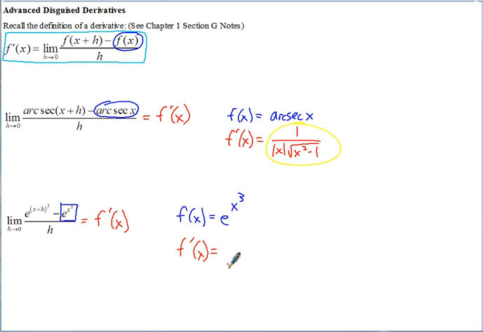This time, though, since we have a function inside here, we'll have to use the chain rule. So multiply by the derivative of x cubed, which is 3x squared. And when you take the derivative of e, that part stays the same, so it's e to the x cubed. Again, since this limit equals f prime of x, we've just found f prime of x, so this limit equals 3x squared e to the x cubed.